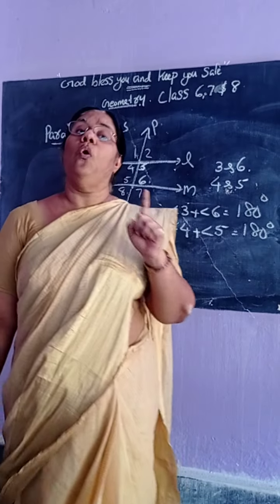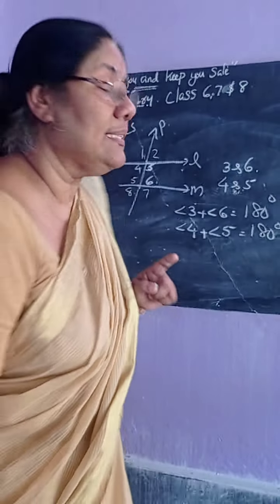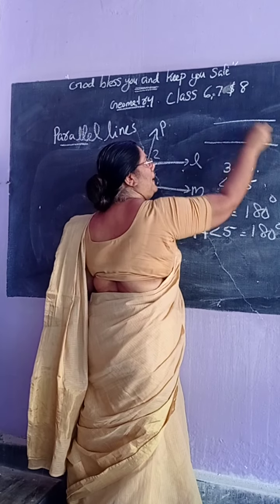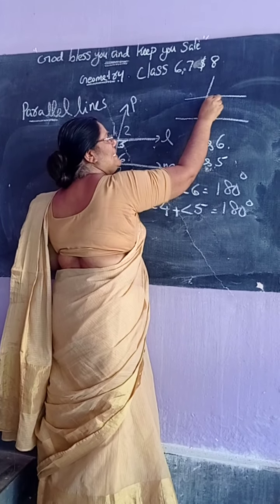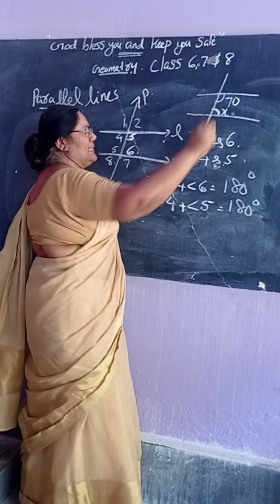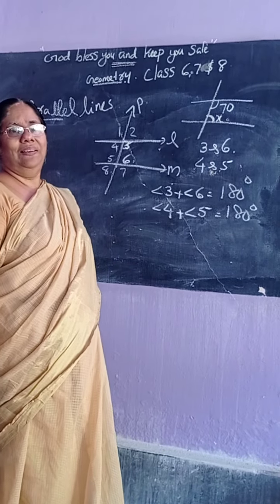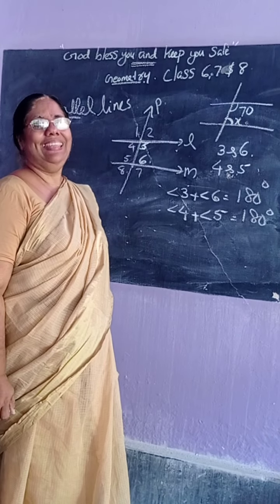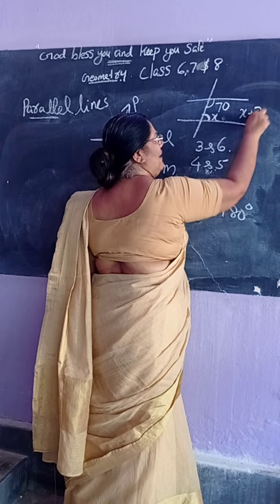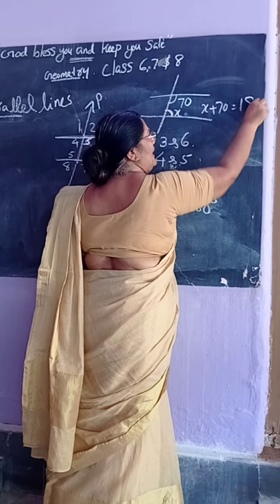Here what is the last topic? Co-interior angles are supplementary. For example, draw one figure. For example, this is 70. Can you mark this? Suppose this is x. X plus 70 equal to 180.